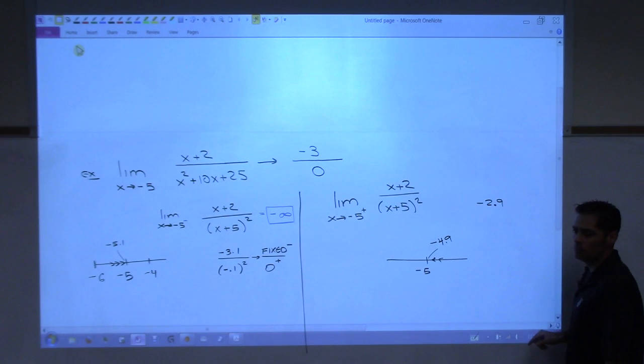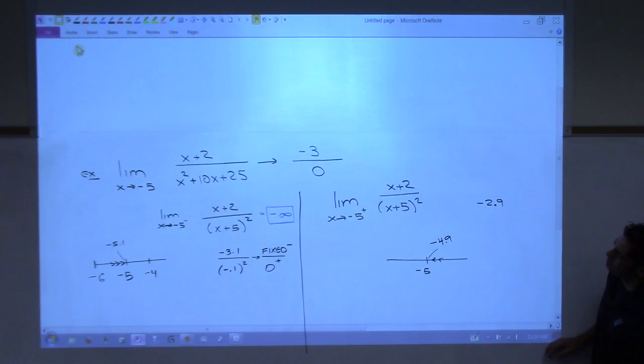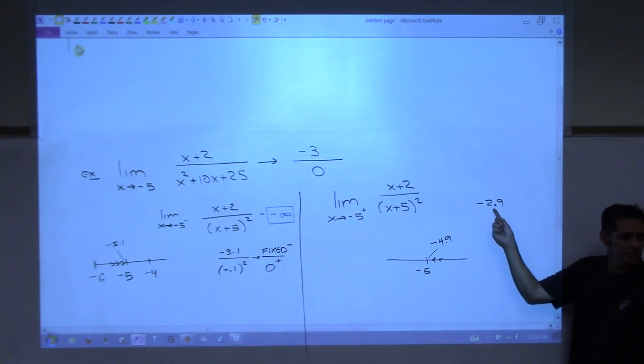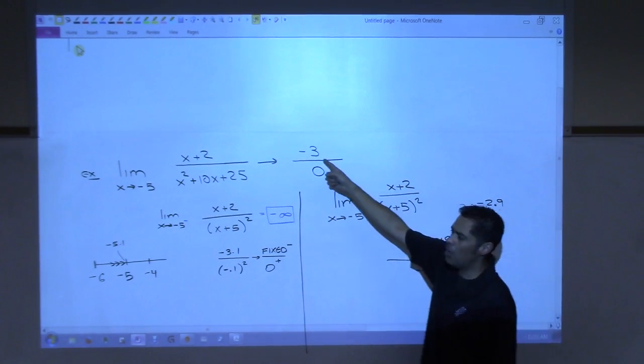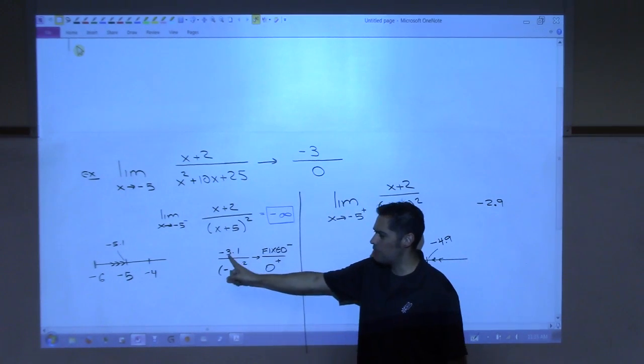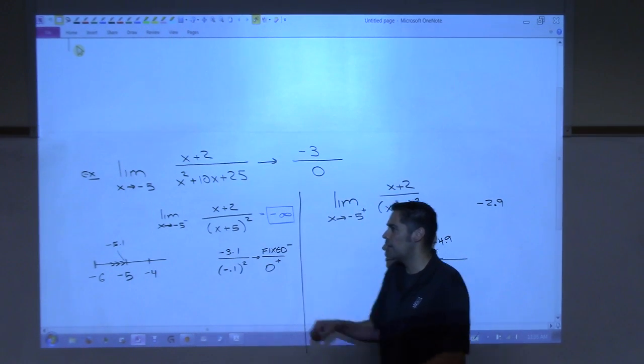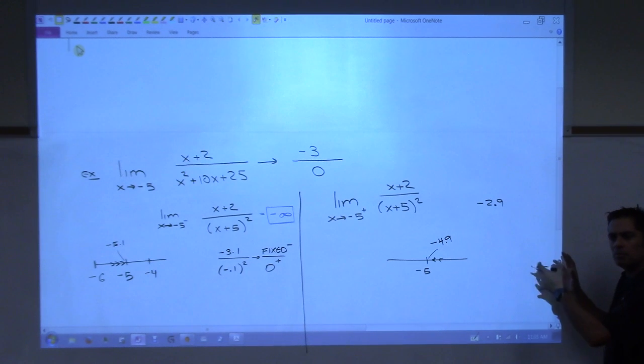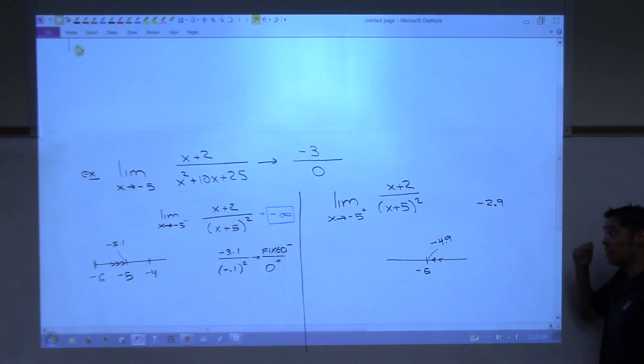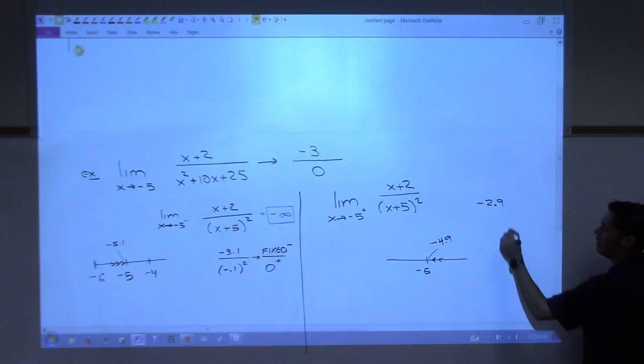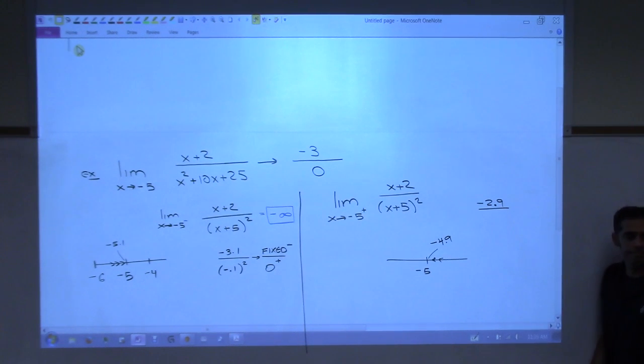That can't be wrong. That's right. It's getting close to negative 3, right? We know the top's going to negative 3. Look, here it was negative 3.1, so it was a little bigger than negative 3, and then here it's a little, I should say it the other way. No, that's right.